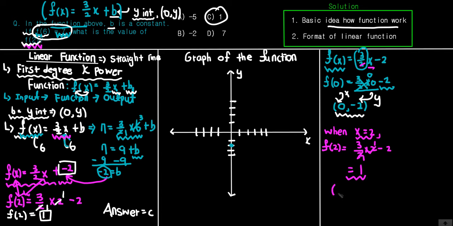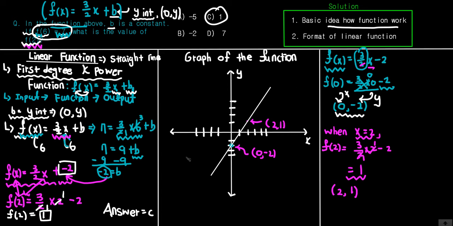So if we graph it in the coordinate plane, it is going to be 2, comma 1. So 2, comma 1 right over here. This point right over here was 0, comma -2, and this point right over here was 2, comma 1. So if you graph the linear function, it is going to look somewhat like this.